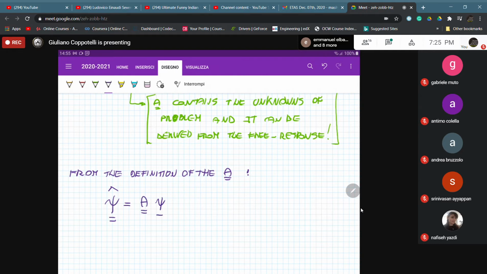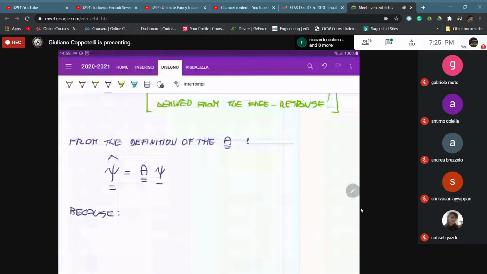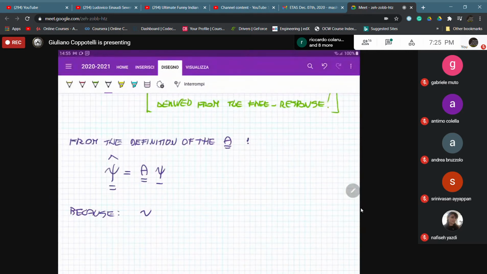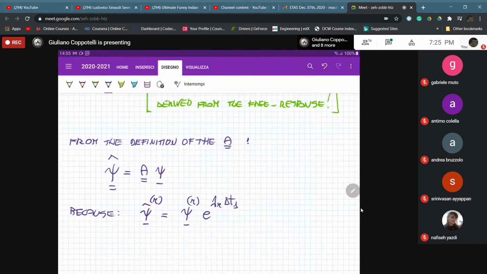Okay, and remember we said that the r-th eigenvector is obtained from the corresponding eigenvector at the time shift delta T1, so it is equal to e to lambda r delta T1.